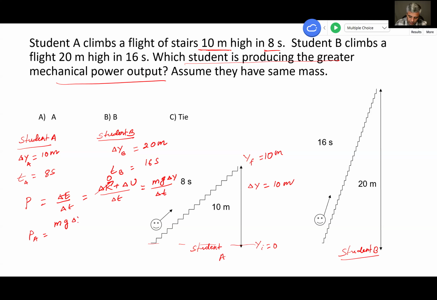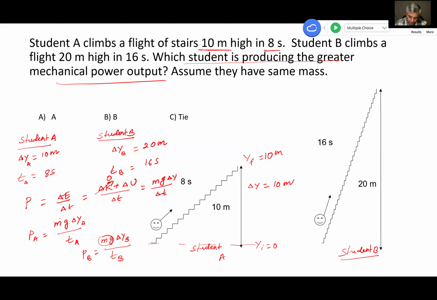So this is going to be delta Y for A over time interval for A, right? And power for B is mg delta Y B over time interval for B.